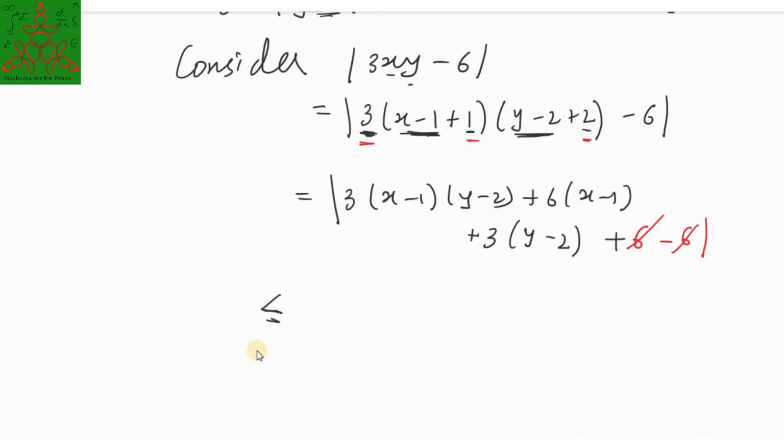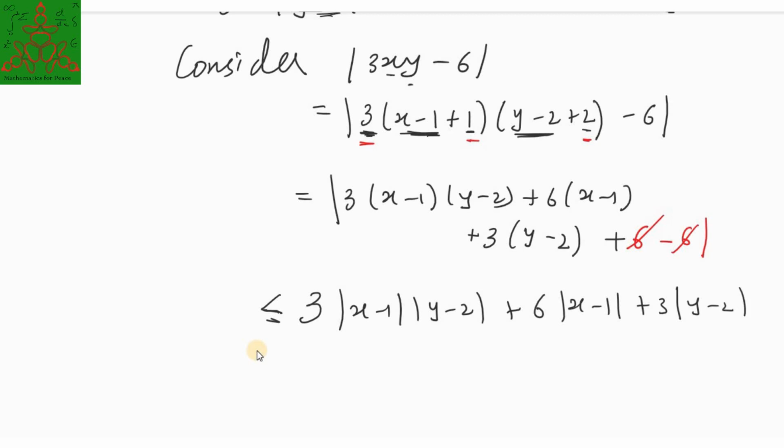Using the triangle inequality, we'll have 3 into mod of x minus 1 times y minus 2, plus 6 mod of x minus 1, plus 3 mod of y minus 2. So what will this be? This will be less than 3 delta square, because mod of x minus 1 is less than delta and mod of y minus 2 is also less than delta.